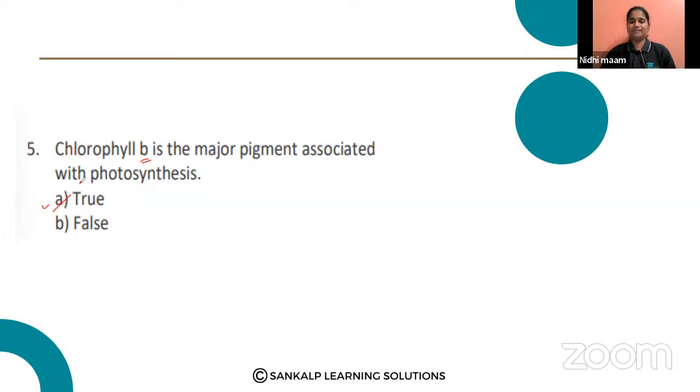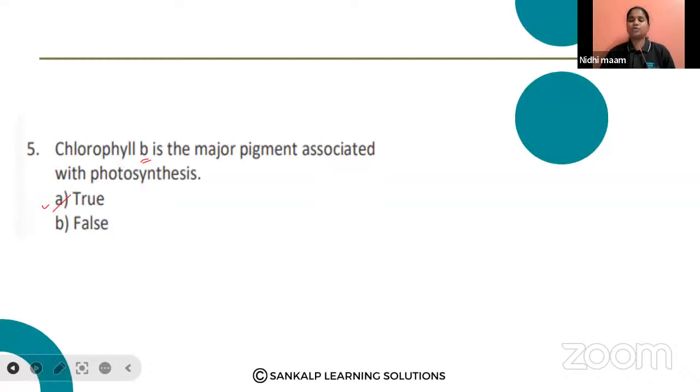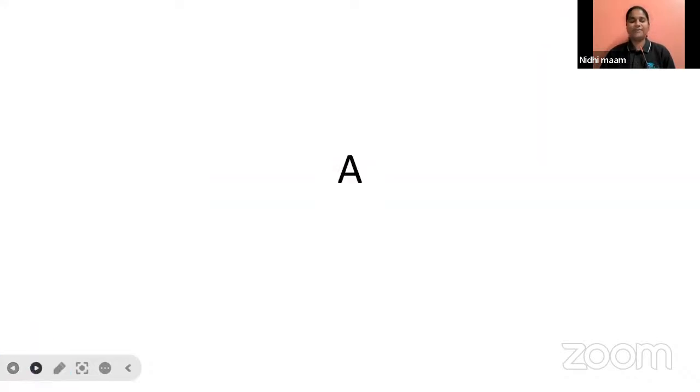Let us check. So the right answer is option A. It is true. Chlorophyll B is a major pigment.